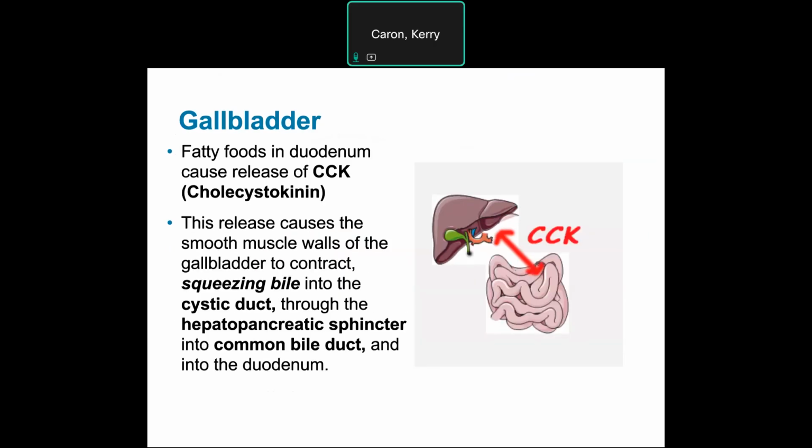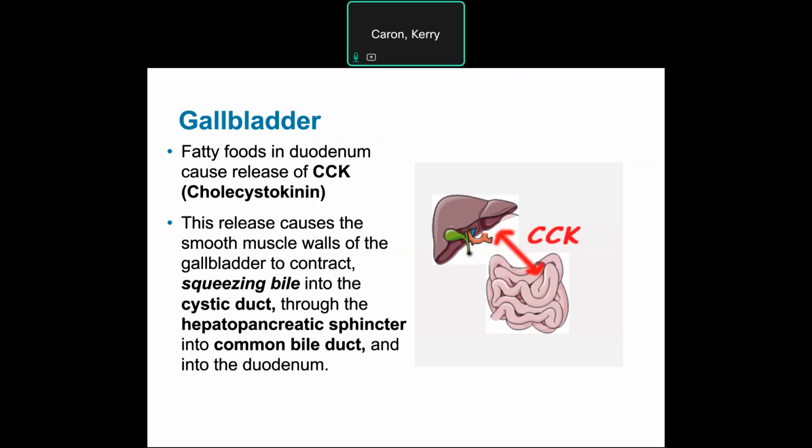Okay, so what does the gallbladder do? We eat fatty foods. That ends up entering the duodenum, the small intestine. That causes CCK, or cholecystokinin. Okay, we'll call it CCK from here on out. Chole means gall, cysto bladder, so gallbladder kinin.